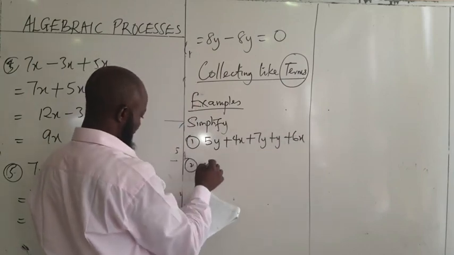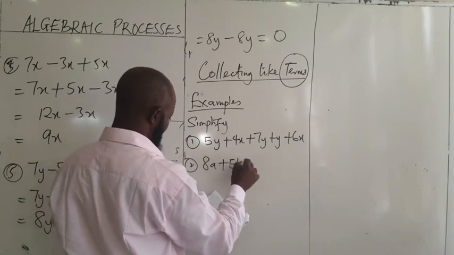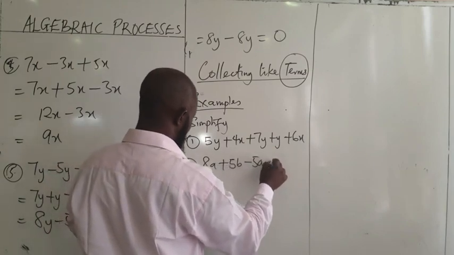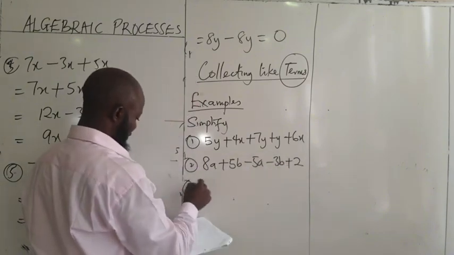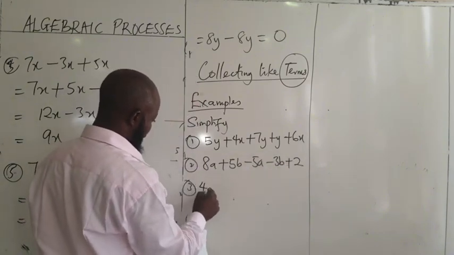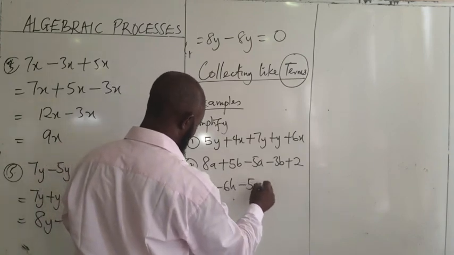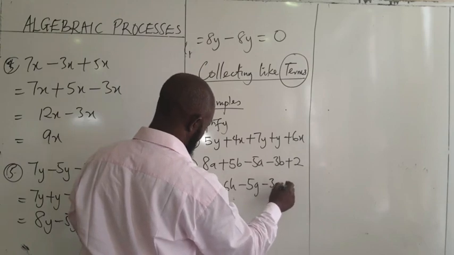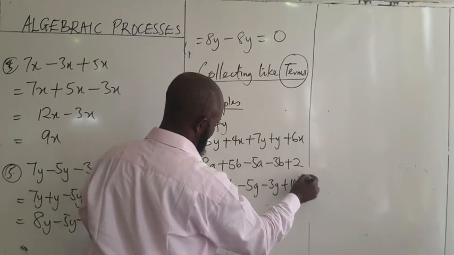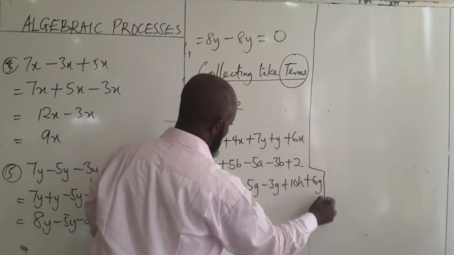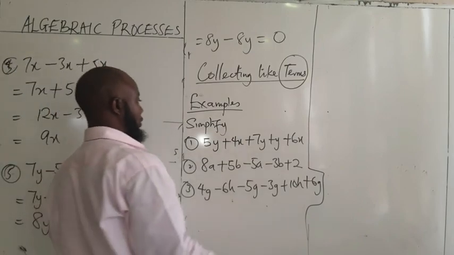And the second one, 8a plus 5b minus 5a minus 3b plus 2. Then the third one, 4g minus 6h minus 5g minus 3g plus 10h plus 6g. So let's look at these 3 examples and see how we're going to solve them.